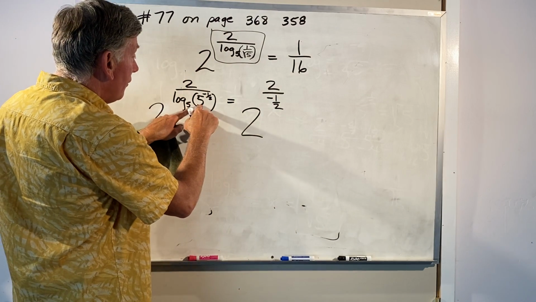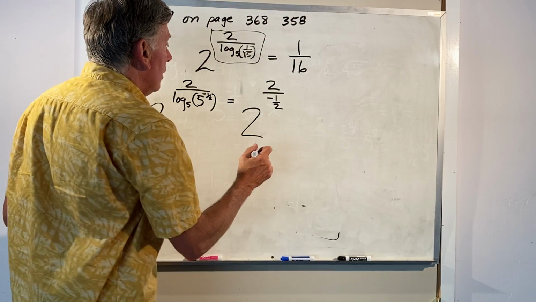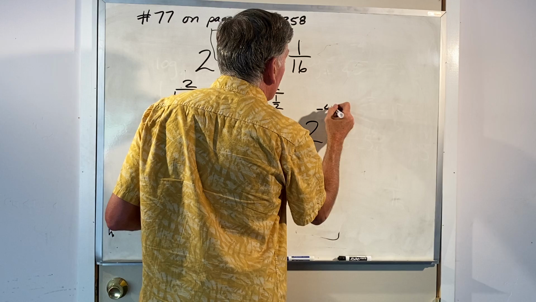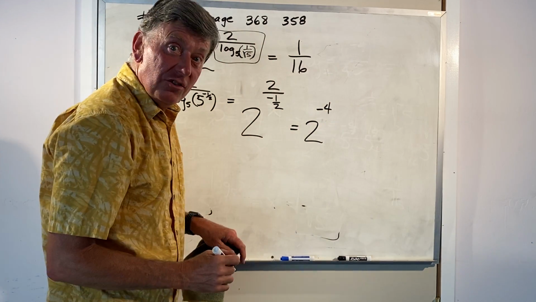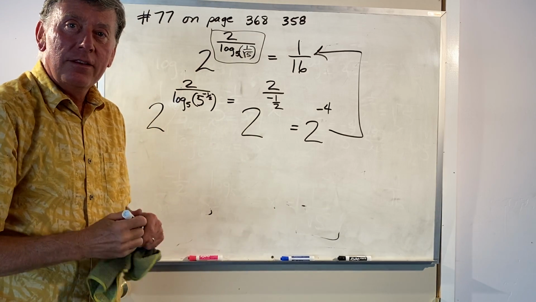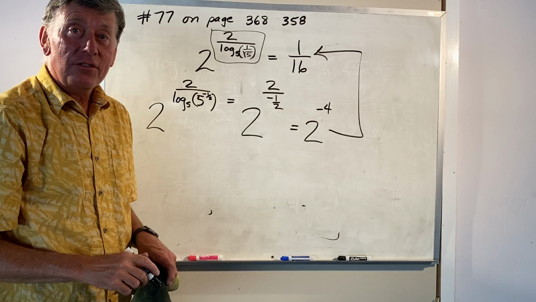Log base 5 of 5 to the minus 1/2 is minus 1/2, which if you do the fraction is equal to 2 to the minus 4 power, which is indeed 1/16. It works. 1 over the square root of 5 is our answer.